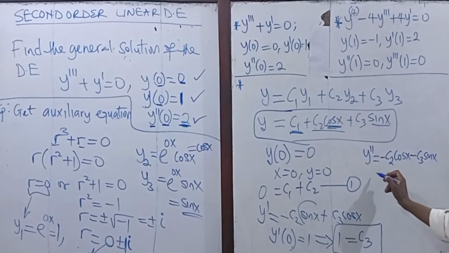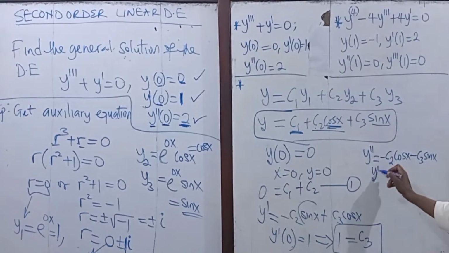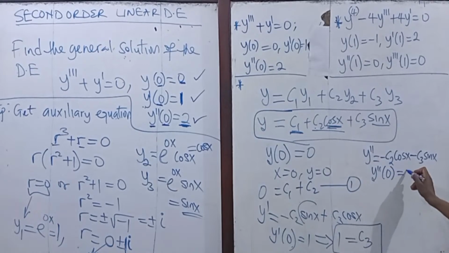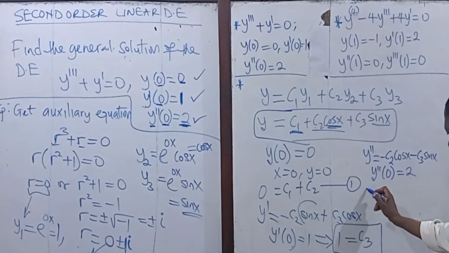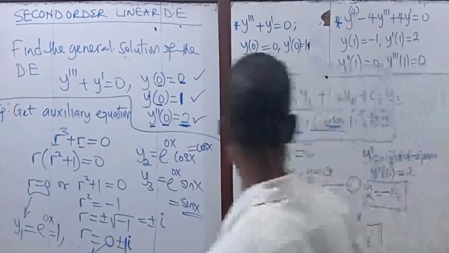Then you can make your substitution. At the condition given, x is 0, the second differential is 2. So we have 2 equal to, cos 0 is 1, minus C2, and this one will disappear. So we've gotten another value.